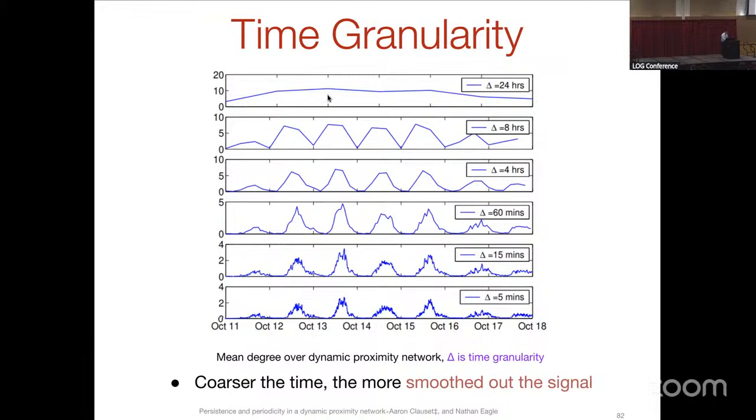You can see that all the small details that you have at the 5-minute interval have been removed. Now it's just the big picture, because you are getting one data point per 24 hours. So the coarser the time, the more smoothed out the signal is. It gives you a higher-level view, but it loses more of the local dynamics that you have in the data, right?